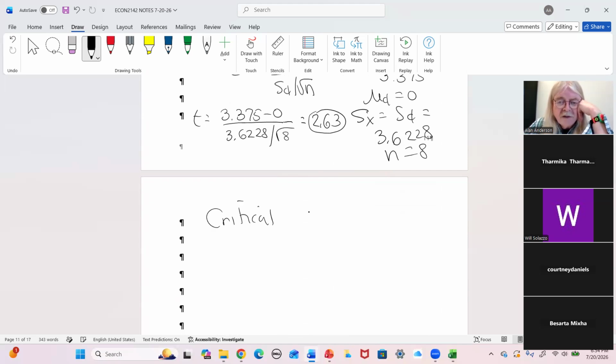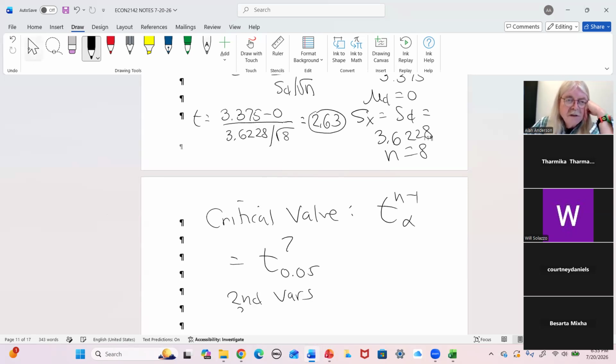Just like what we saw in chapter 9, n minus 1 is our degrees of freedom. And there are 8 volunteers, so we have n minus 1 is 7. Look at number 4, invT, in the second VARS menu.